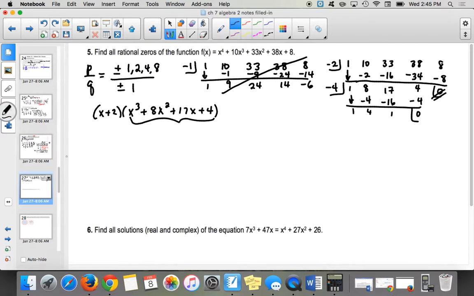We want to break it apart, break it apart, break it apart. So don't go back to the original. Like continue factoring what you have now. So we're now factoring this one right here. We're breaking it further apart. All right, so now we have our x plus 2 from before, and this one broke into x plus 4 times x squared plus 4x plus 1. That's what the 141 over there was.